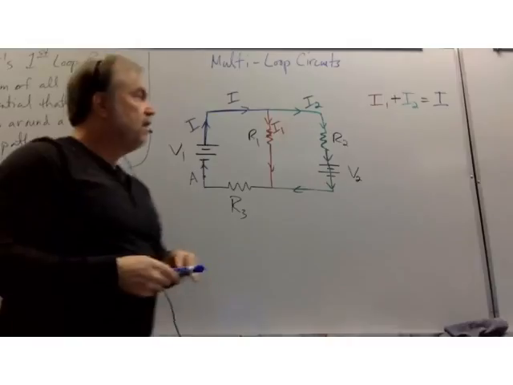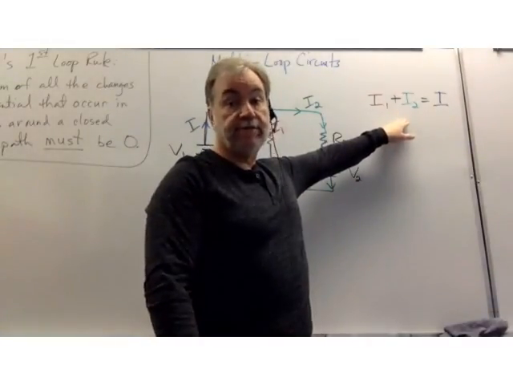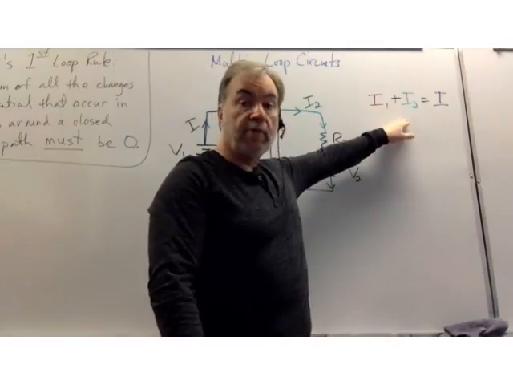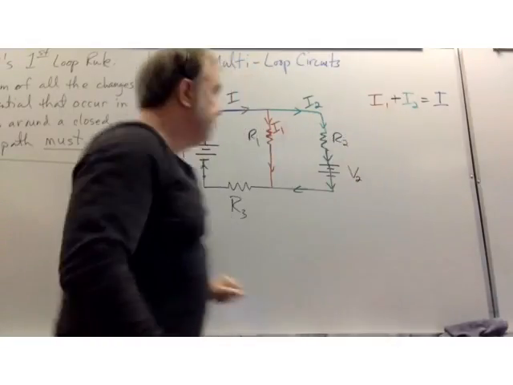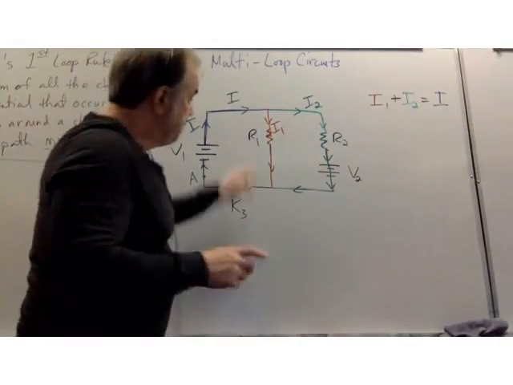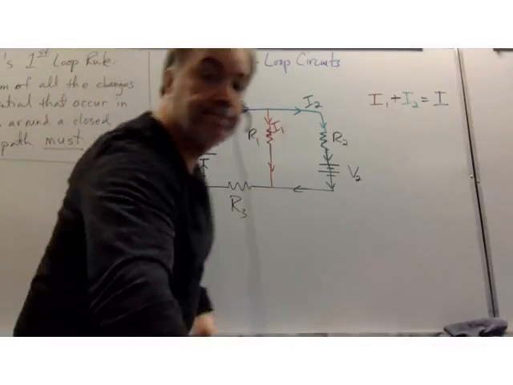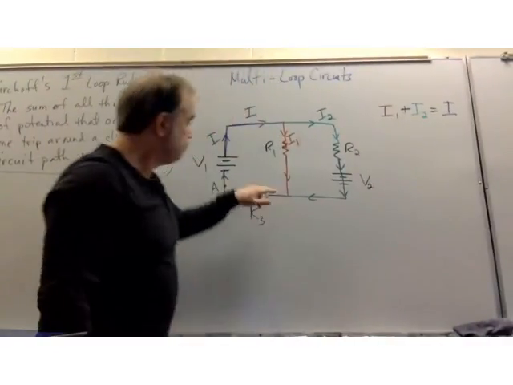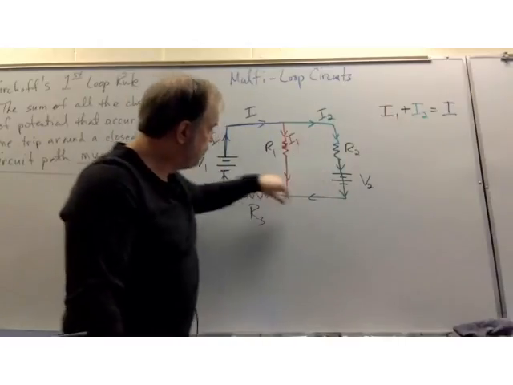The reason I spent so much time doing this is that this actually turns out to be the key to the whole problem. This is the key physics right here, as I will now demonstrate. Because now let's ask the question, what happens at this branch point? Well, current I1 is flowing here, current I2 is flowing there.